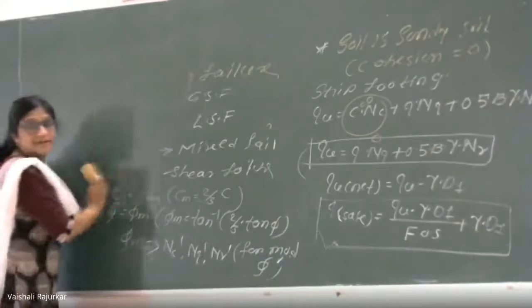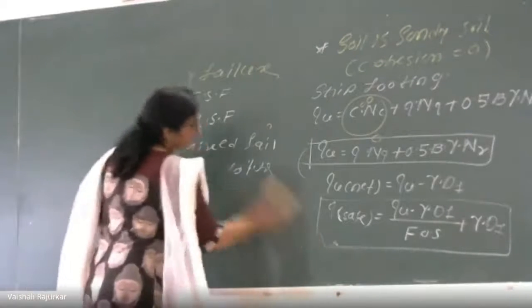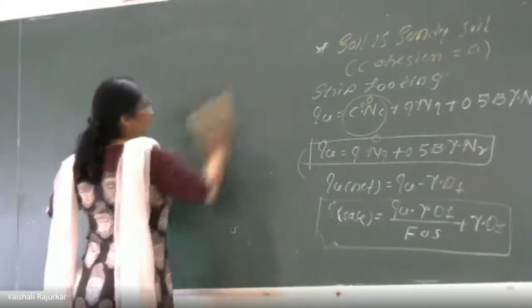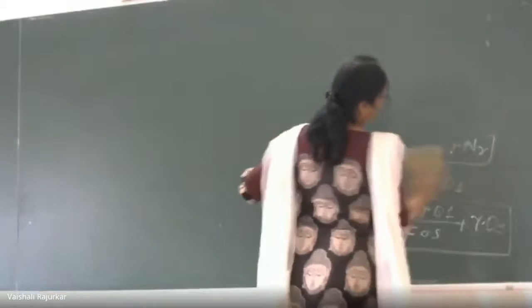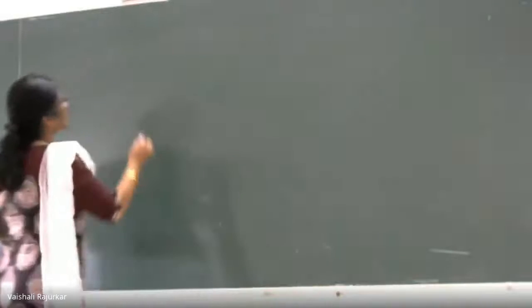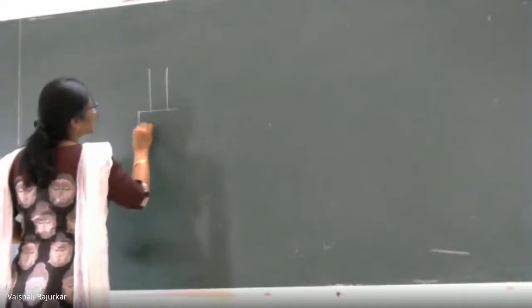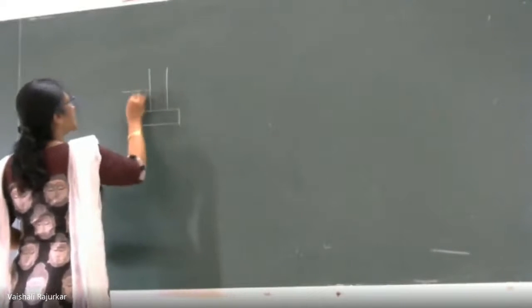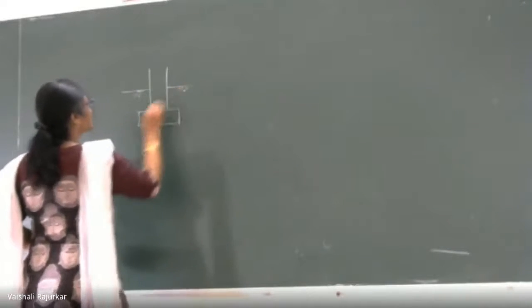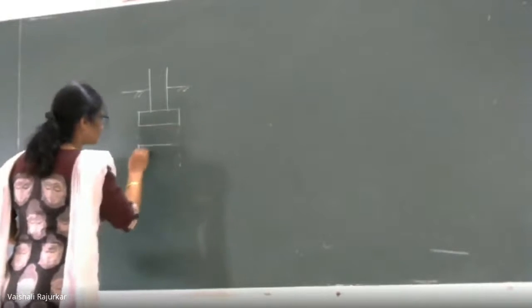And one thing you should always remember while solving numericals is that you have to draw a proper diagram. If the footing is a square footing, here is the base, and let me draw a plan of it.